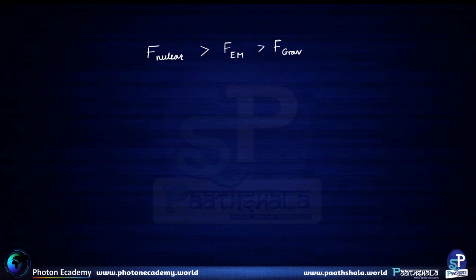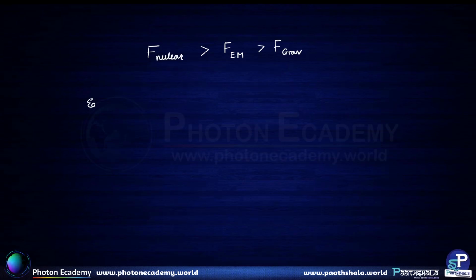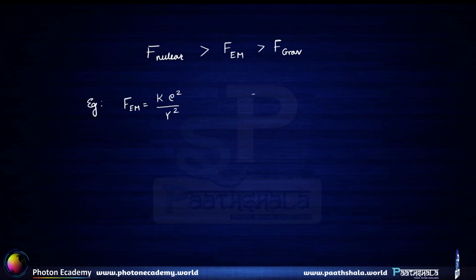Just to give you a perspective, if we calculate the electromagnetic force between two electrons, we get F electromagnetic equal to k e square upon r square. If we calculate the gravitational force between the two electrons, then F gravitational is equal to G m square upon r square.